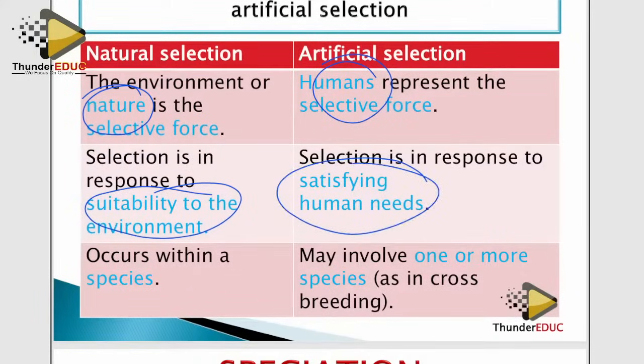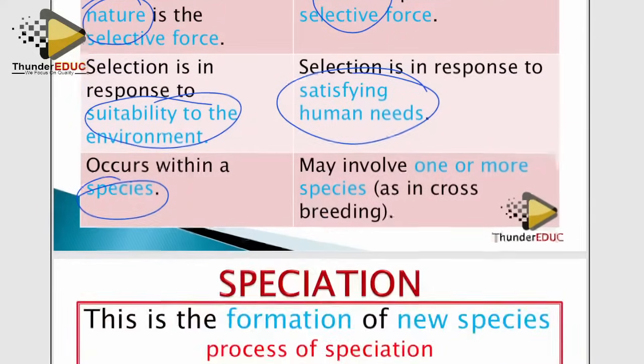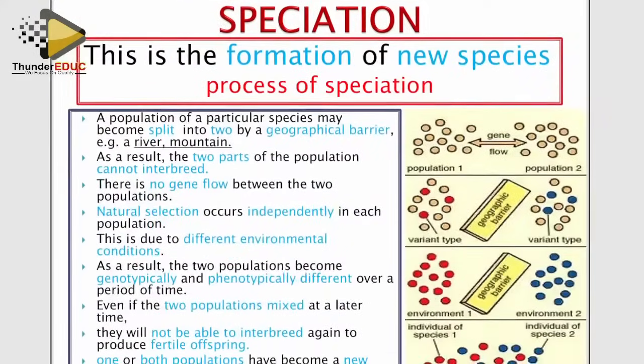While here we do it so that we satisfy human needs. That's what I told you, that it depends on the desire of a human. And then this one occurs within a species, while this one occurs in one or more species. You bring this and then you interbreed with this, you see? So please, you have to know that.